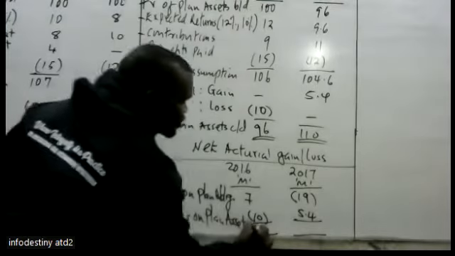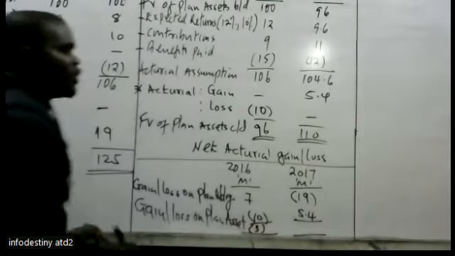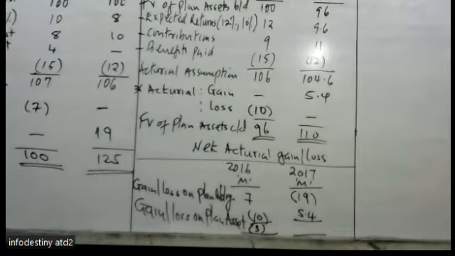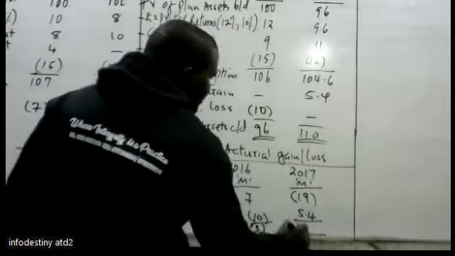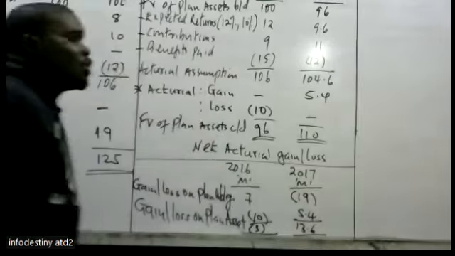So here the net is a loss of how much? 3. On the other side, the 13.6.